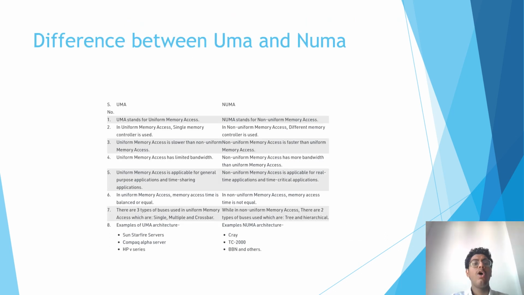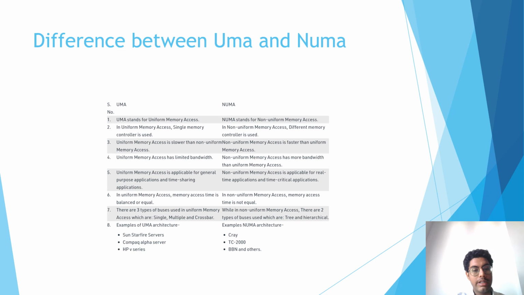Now let us look at the differences between UMA and NUMA. UMA stands for Uniform Memory Access, NUMA stands for Non-Uniform Memory Access. In Uniform Memory Access, a single memory controller is used, whereas in NUMA there are different memory controllers used. UMA is slower than NUMA, but NUMA is faster. Why is NUMA faster than UMA?